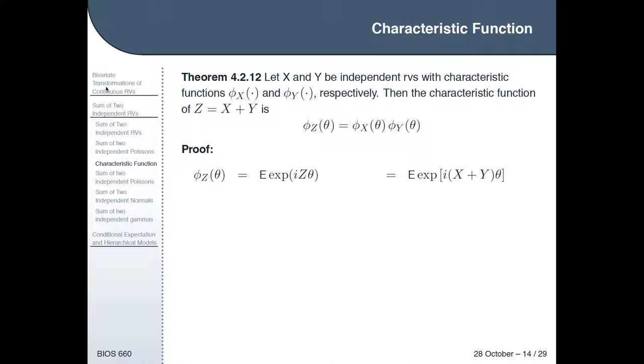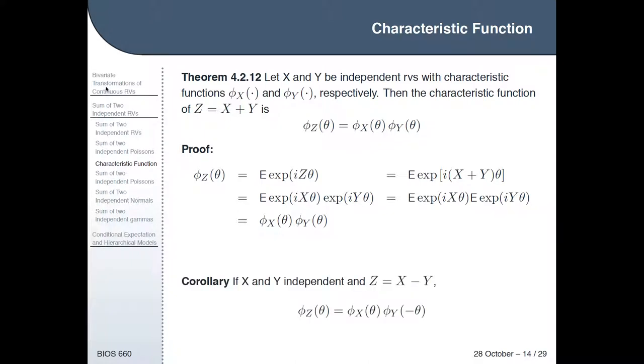Well, z by definition is x plus y, so that's the expected value of e to the i times x plus y times theta, which of course is just the expected value of e to the i x theta times e to the i y theta, and then by independence we can write that as the expected value of e to the i x theta times the expected value of e to the i y theta, which of course is just the product of the characteristic function of x and the characteristic function of y.